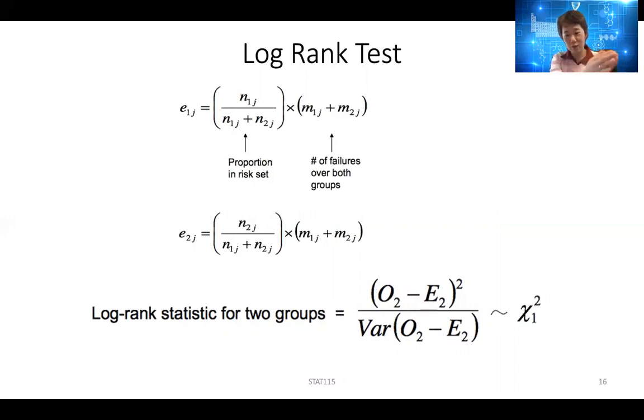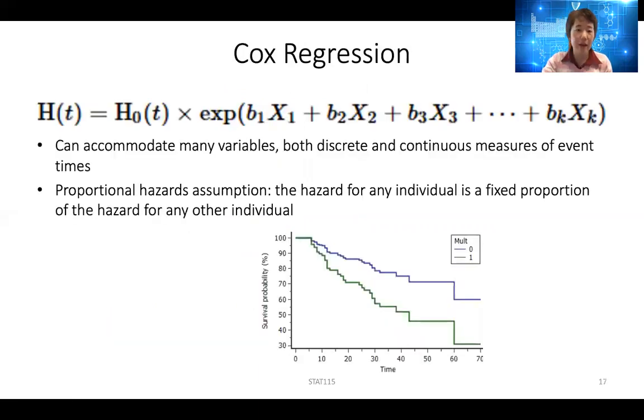The null hypothesis is that the risk for this failure event, whether it's death or recurrence or whatever, is proportional to the sample size that's available at that time point between the two groups. And you're asking how different are they, right? Then you can just use a chi-square test to see whether observed versus expected is significantly different or not.